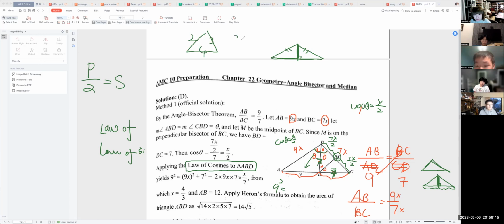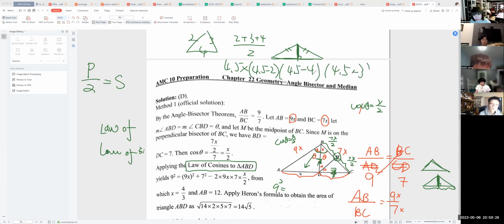So s equals (2 plus 3 plus 4) divided by 2, which is 4.5. Then you type 4.5 times (4.5 minus 2) times (4.5 minus 4) times (4.5 minus 3), and take the square root. So that is Heron's formula.